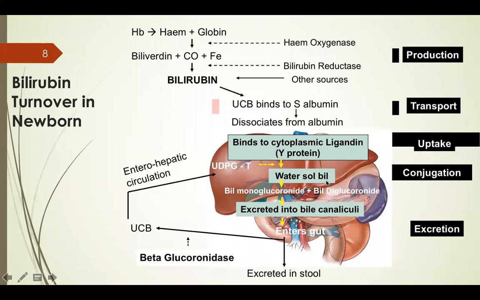That's why when the patient has biliary atresia, you can have pale stool, because there's a problem in the excretion to the bile canaliculi.